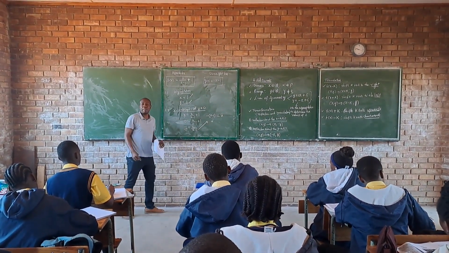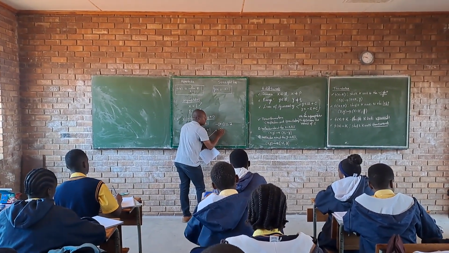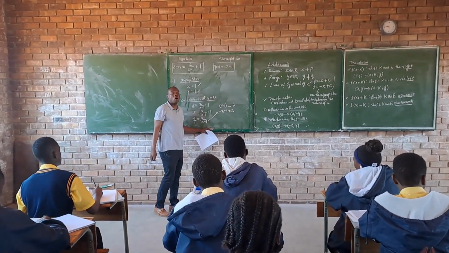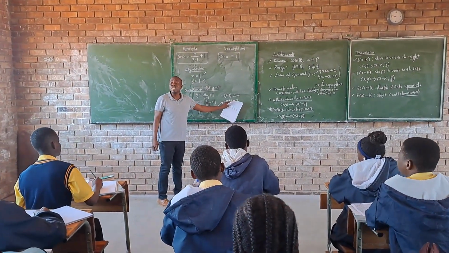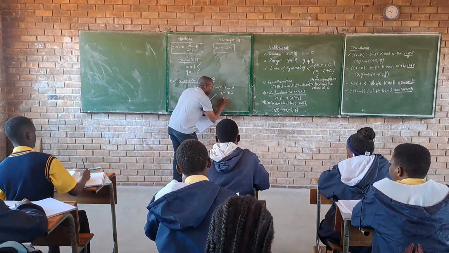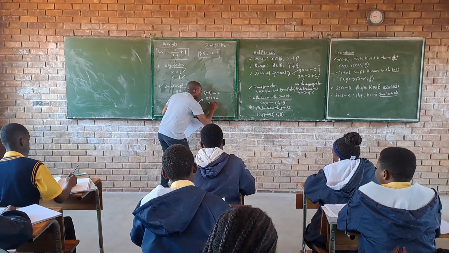From here we multiply by negative, so this will give us negative x plus 1 equals to 2. Then we transpose 1 to the right-hand side. So this will give us minus x equals to 2 minus 1, which is just 1.